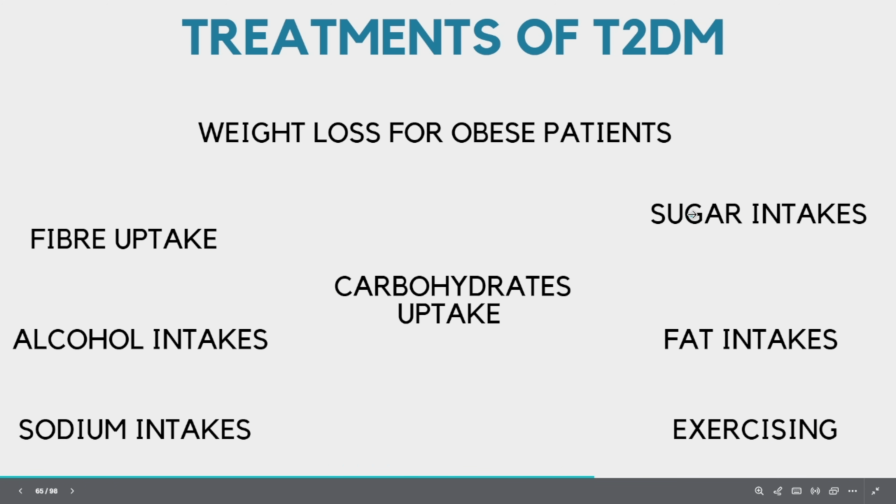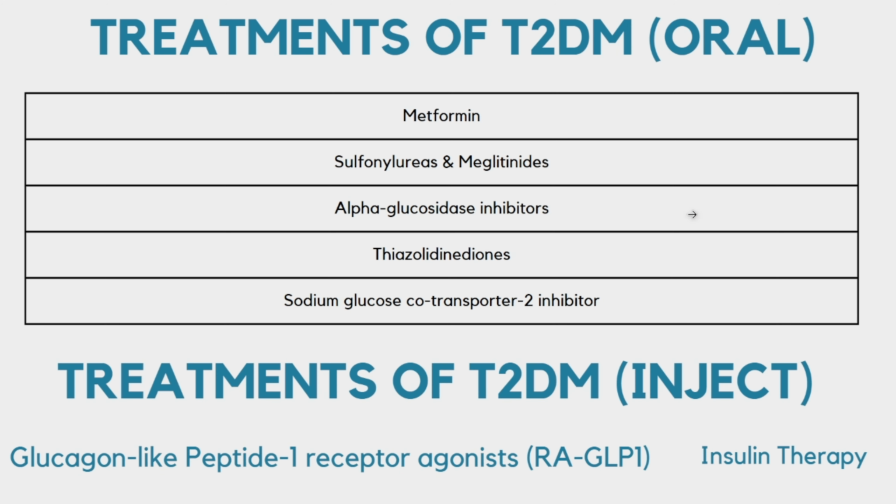So that's all. But for the medical treatment, I'll use the simple names, these are the scientific names: metformin, sulfonylureas, meglitinides, alpha-glucosidase inhibitors, thiazolidinediones, and sodium-glucose co-transporter 2 inhibitors. These are the normal ones.